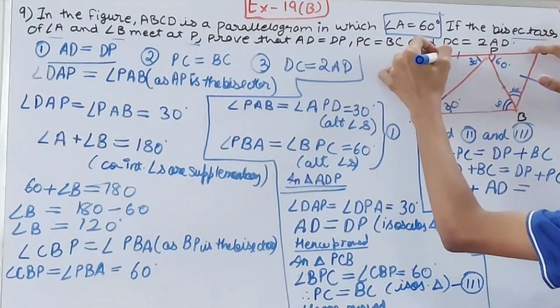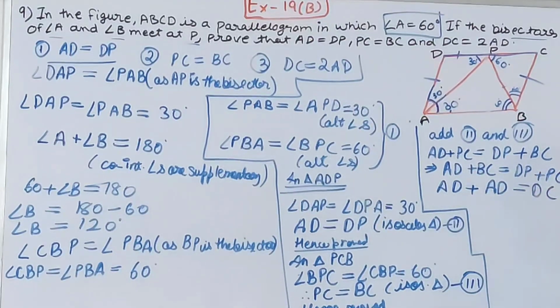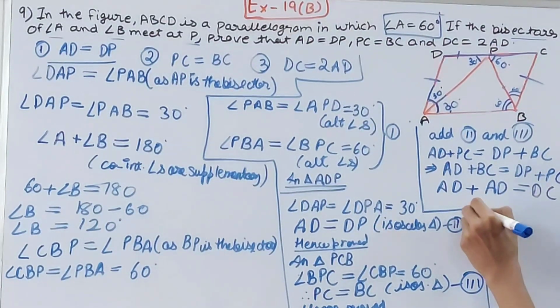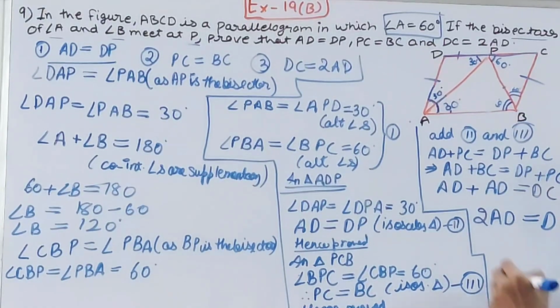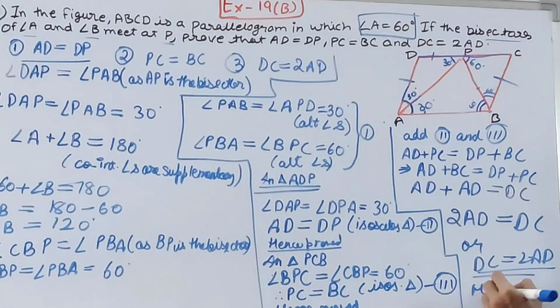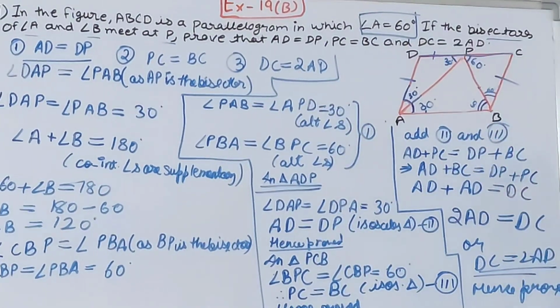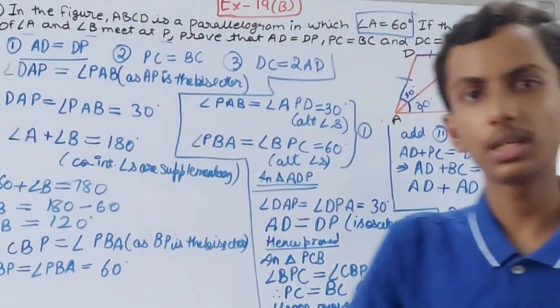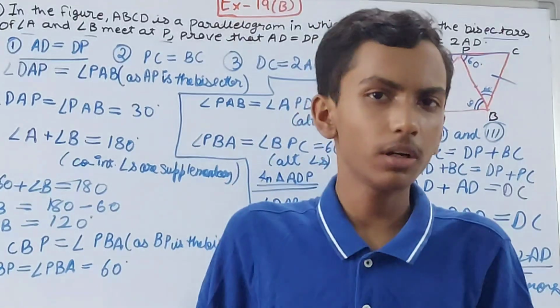Can you name this entire line? DP plus PC, it is forming DC. Okay, so AD plus AD is what? 2AD, that is equal to DC, or you can say that DC equals 2AD, right? Hence proved. You can see the third part also, that was DC equals 2AD. We have also proved that because we have come to that conclusion. So this is this entire question. It is very lengthy but not that difficult.